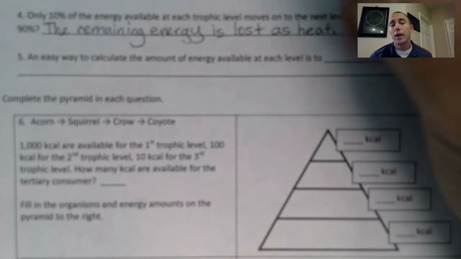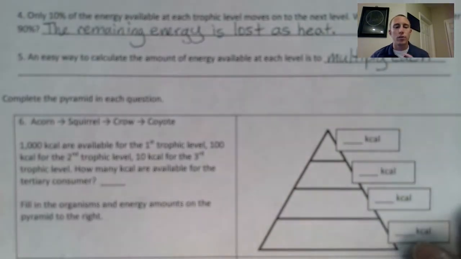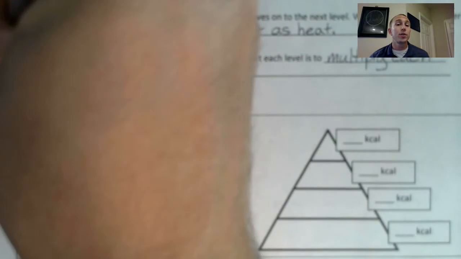Now, if we remember correctly from our Poggle, it wasn't exactly 10% every time. It does fluctuate, but the average that we calculated was about 10%. A really easy way for you to solve some of these problems is to just remember the 10% rule.